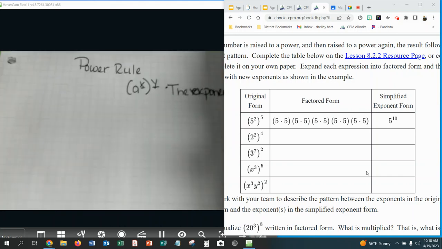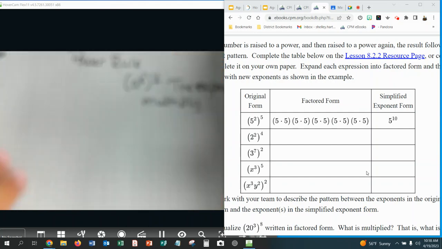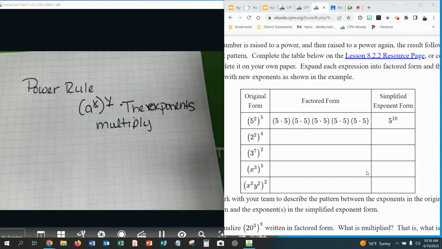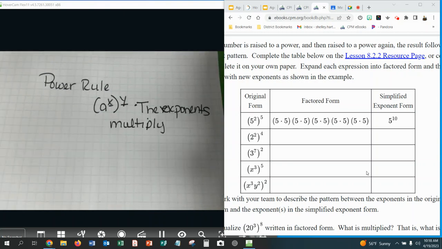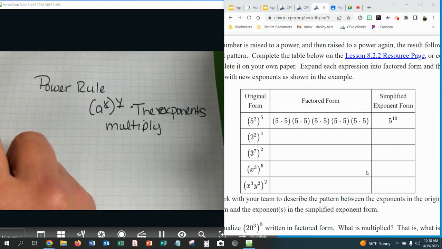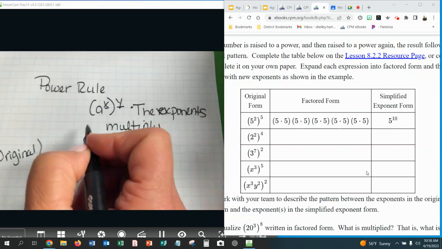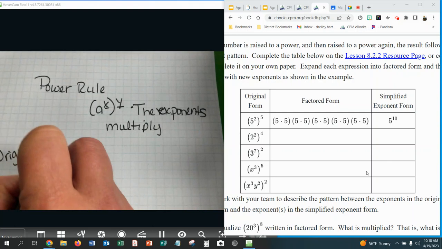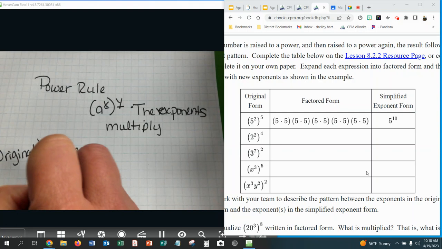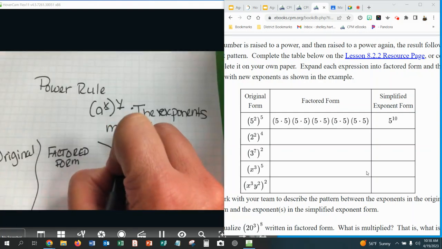Oops, you can't see that, multiply. Okay, so we're just going to take a look at this. And we have the original formula, the factored form, and then the simplified exponent.